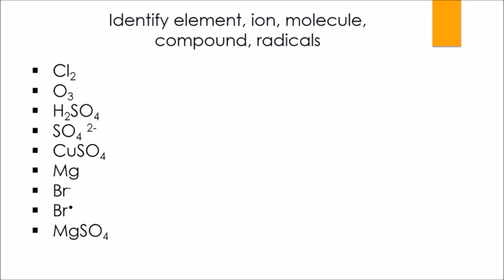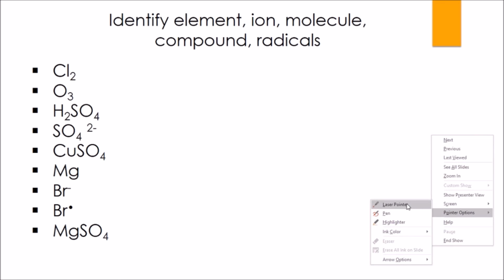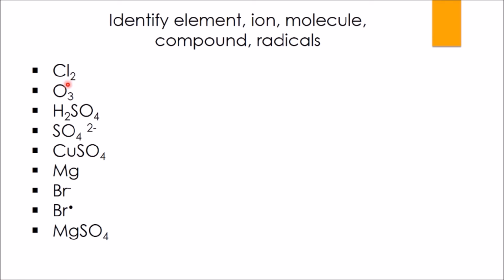Let's look at the task. We have all these substances and we have to identify them as molecules, elements, compounds, radicals. So these are your substances. For example, in this case, as I said, एक dark dot लगा होगा, so the dot will be like that. This is actually the symbol of a radical.